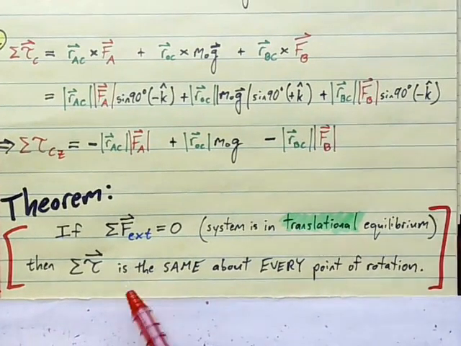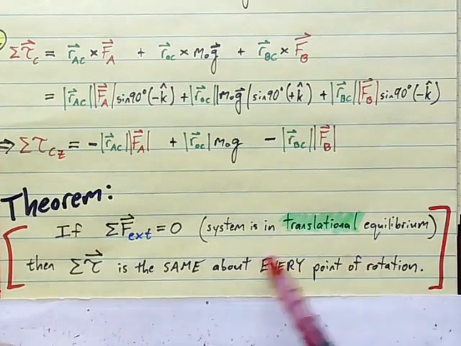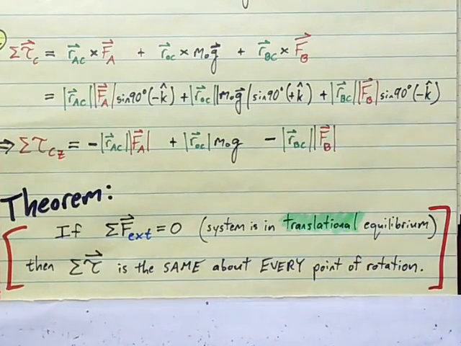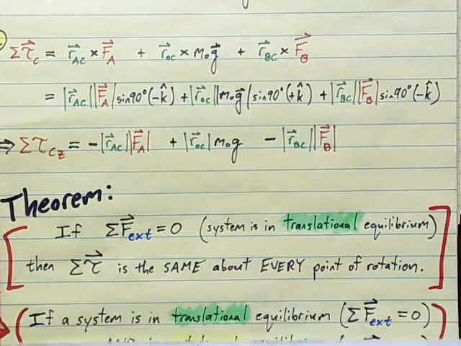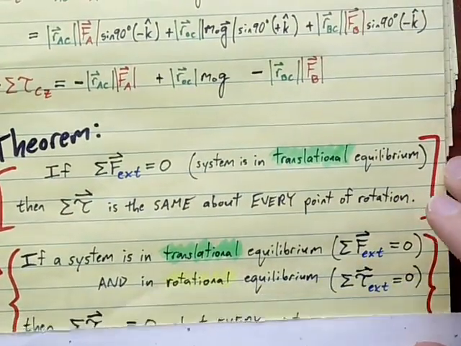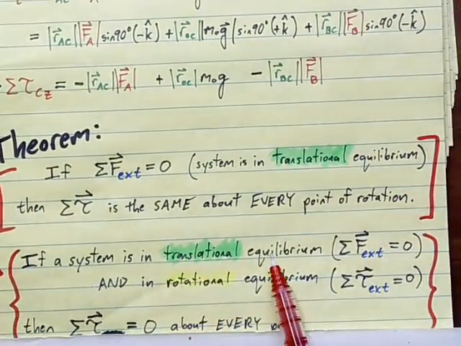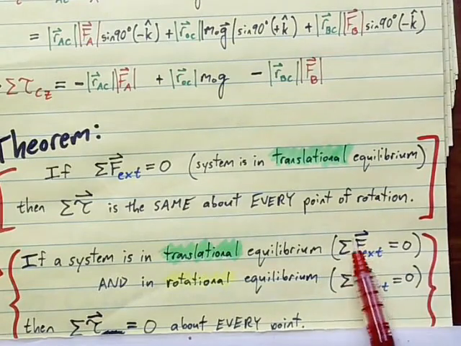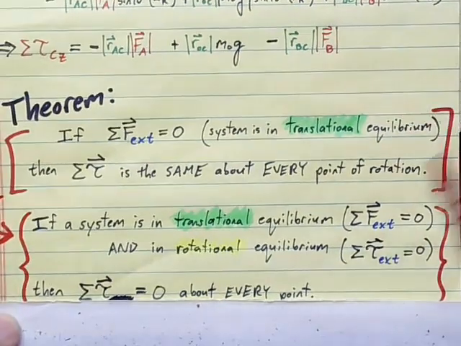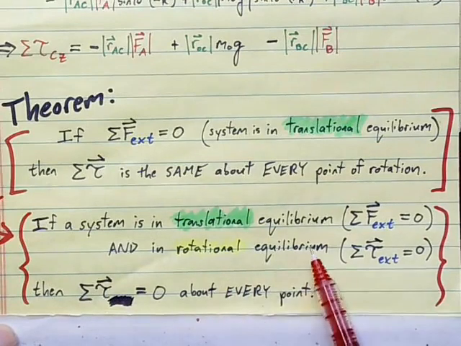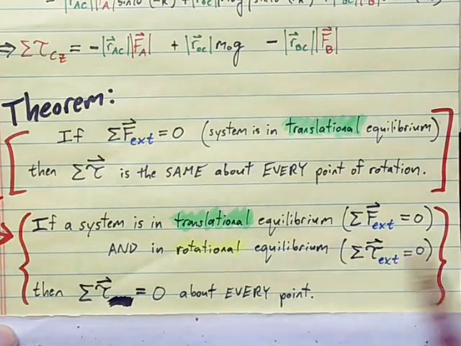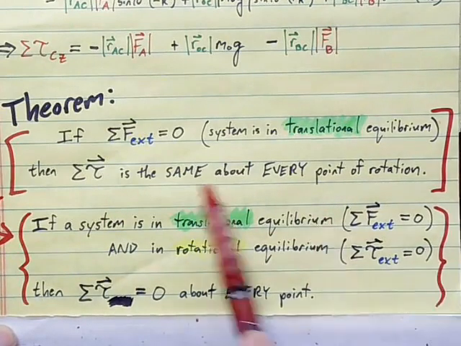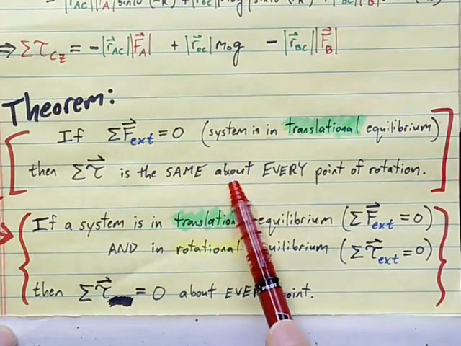This is what I mean when I say that we are free to choose any point of rotation we like, A, B, C, or any other point. We're free to choose that point because it doesn't matter. The net torque will be the same about any point. So in particular, if a system is in translational equilibrium, the net force on it is 0, so its center of mass is not accelerating, and also in rotational equilibrium, so that the net external torque on the system is 0, then, according to this, if the net torque is 0 about some point, it'll be 0 about every point.